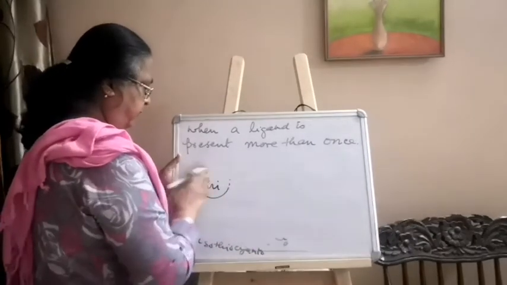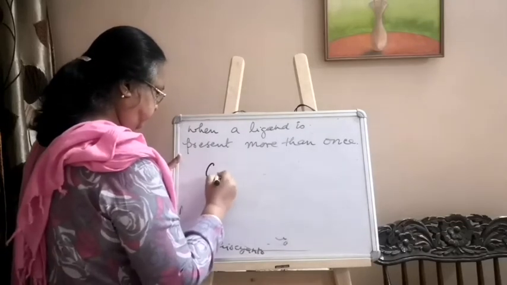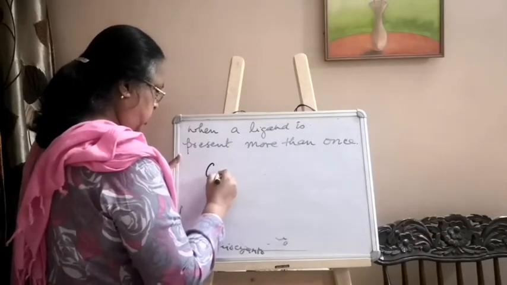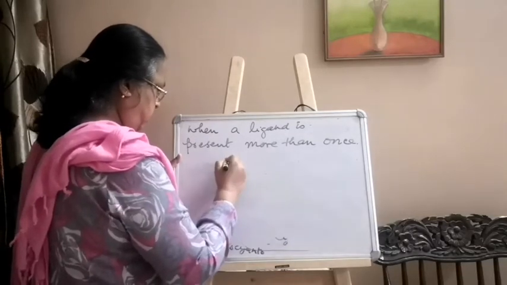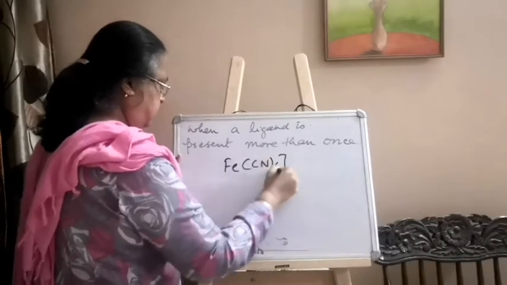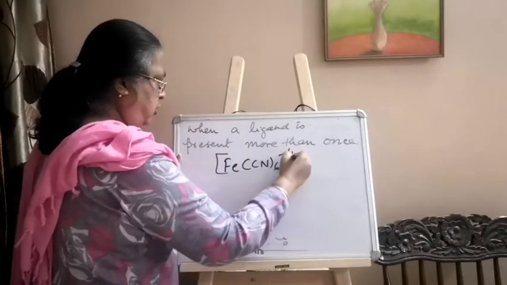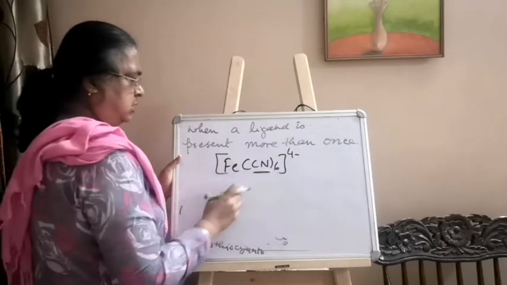So take the example Fe(CN)6. Here the ligand is used 6 times.